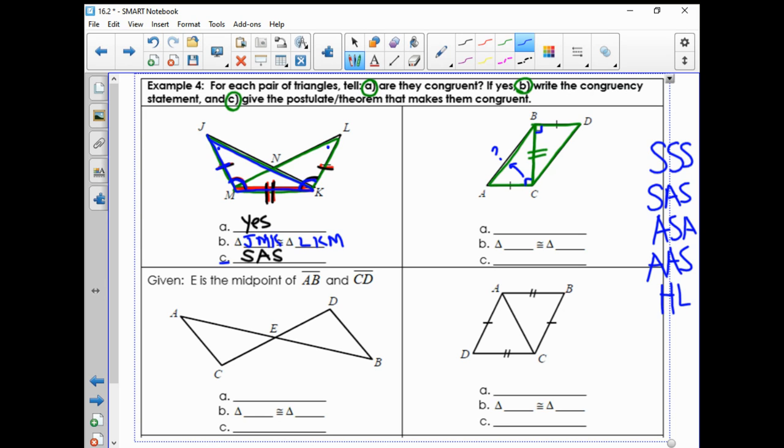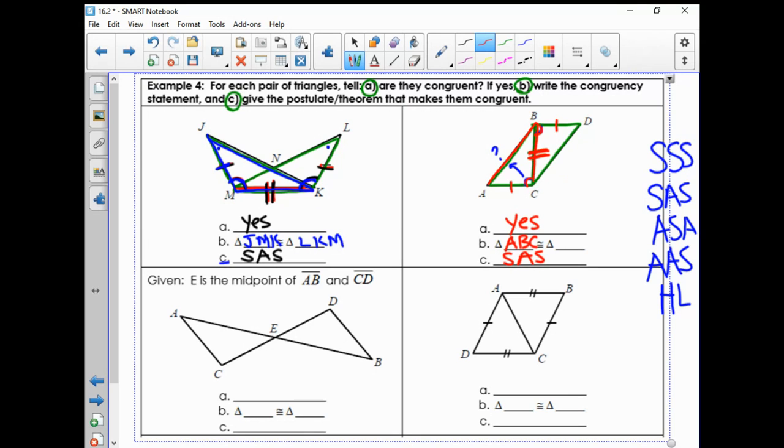However, this one is still congruent because right angles are congruent to each other. So we've got a side, an angle, and a side, which corresponds with this triangle, a side, an angle, and a side. So this one is also side, angle, side. We can say, yes, these are congruent triangles. Let's call this one ABC.